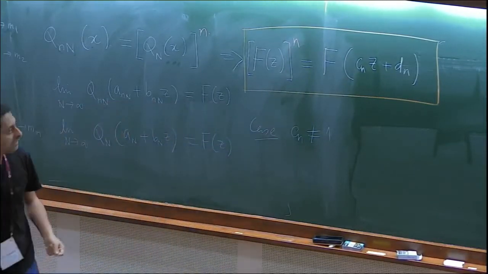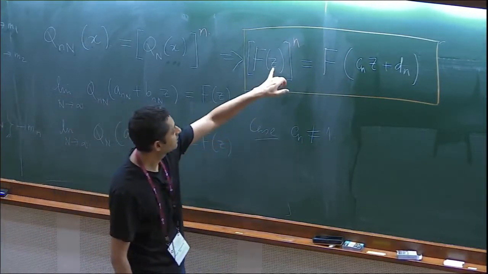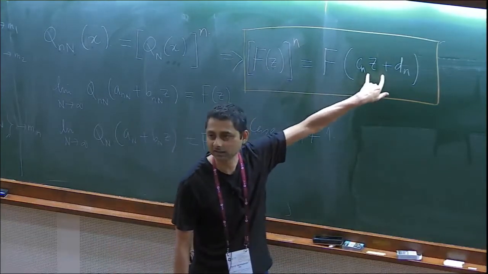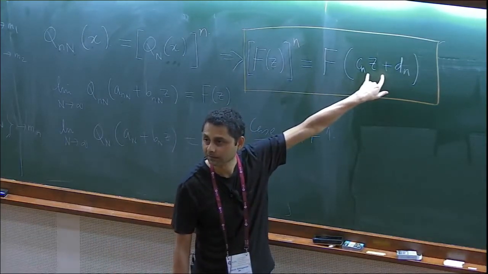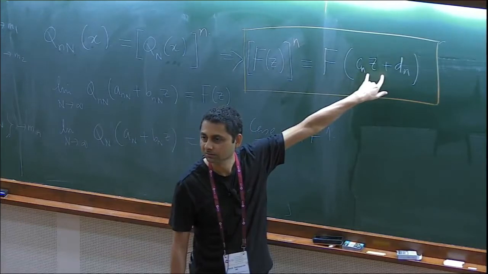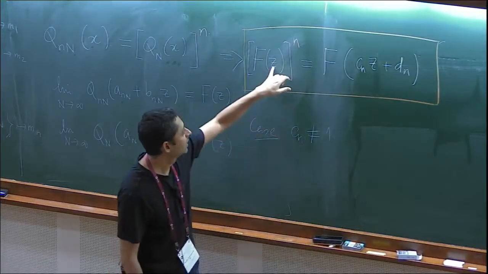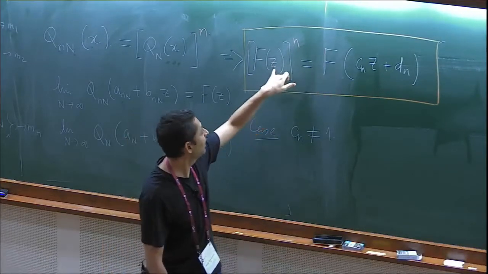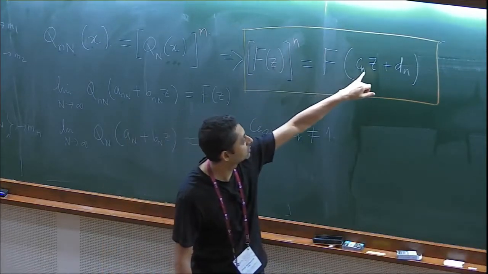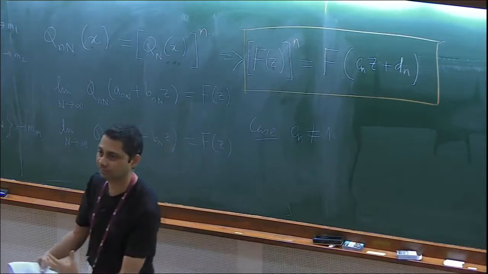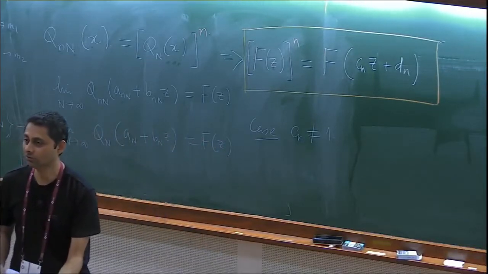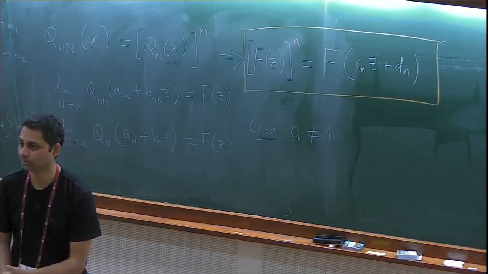If Cn is not equal to 1, these are basically equations of straight lines, the argument. This is like y equal to z, and this is y equal to Cn z plus dn. These are equations of straight lines. If Cn is not equal to 1, they are going to meet at one point.